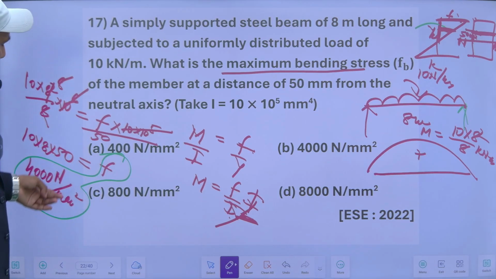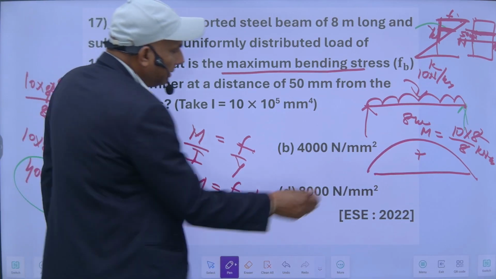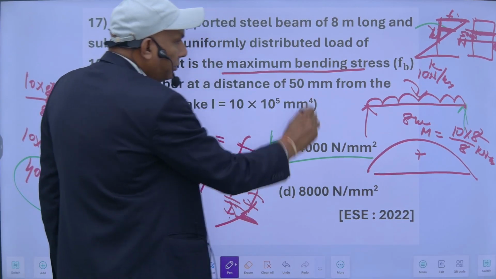So this will be the value of the f. Means this one is the right option.